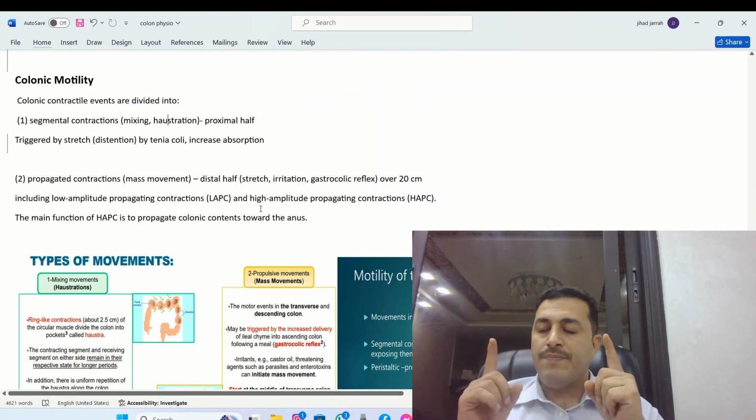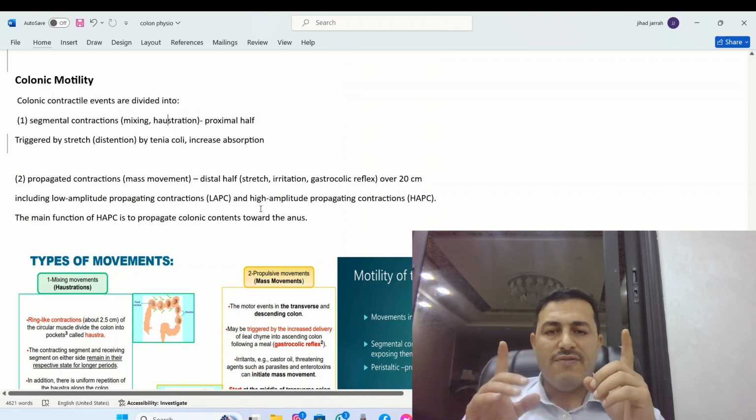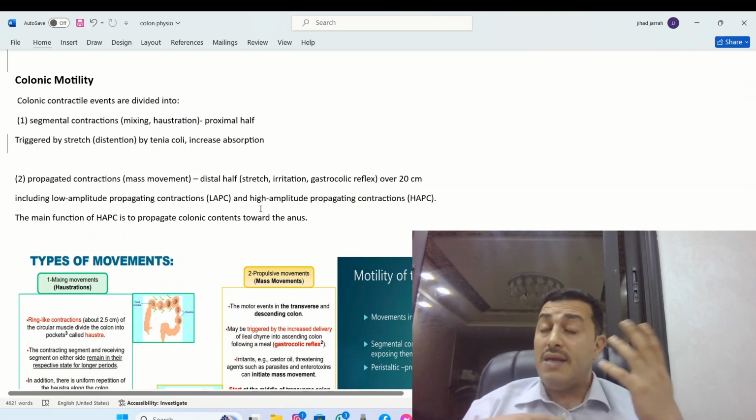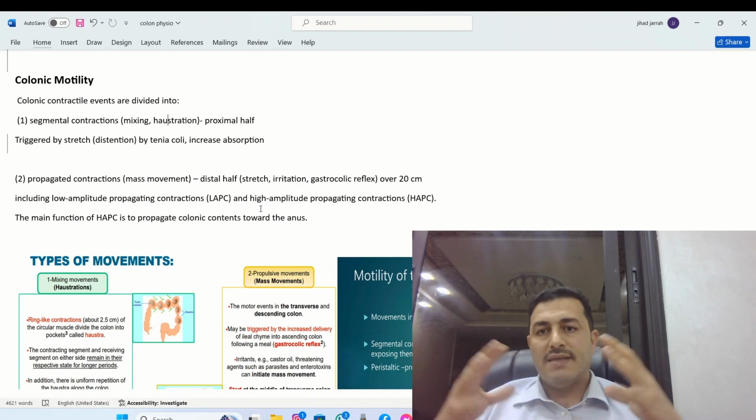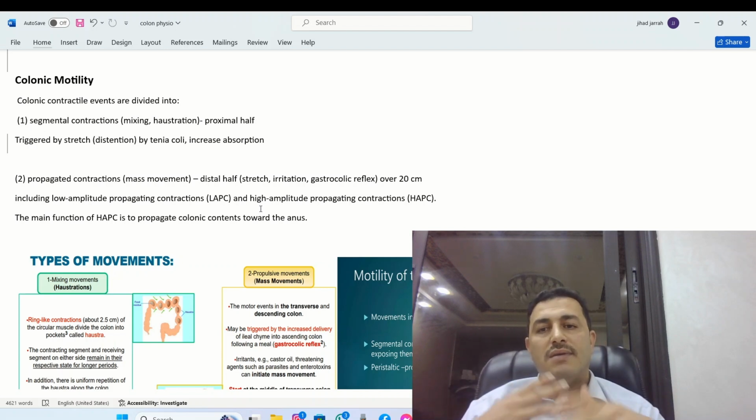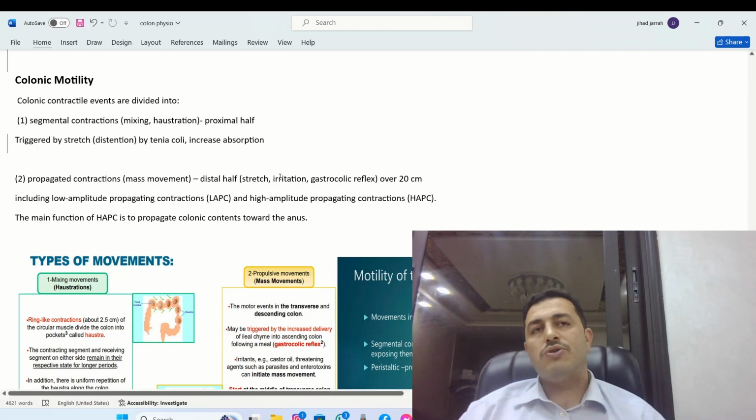These occur over a short distance, about 2.5 centimeters, mainly in the proximal colon, triggered mainly by stretch and distension, and they increase absorption. These are due to the contraction of the taenia coli.